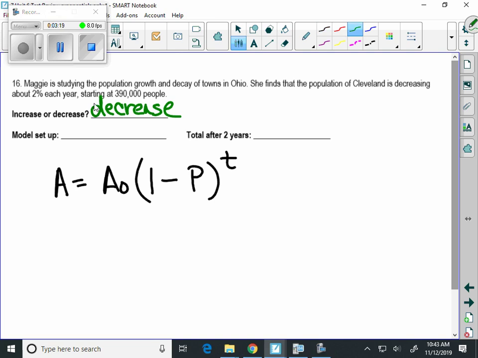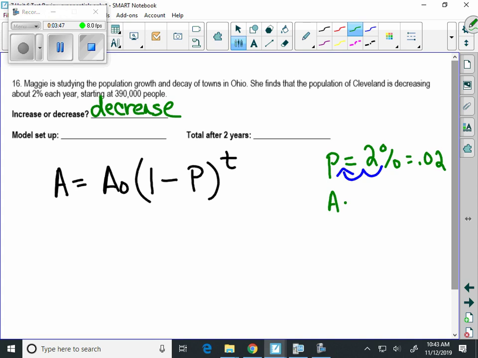And when we take a look at this, let's identify what we know here. Well, it's decreasing about 2% per year. So there's our percentage. But once again, remember, when we're doing these types of problems, we need to have them written as a decimal. So we're going to take our decimal point and move it 1, 2 spaces to the left. And that gives us 0.02.